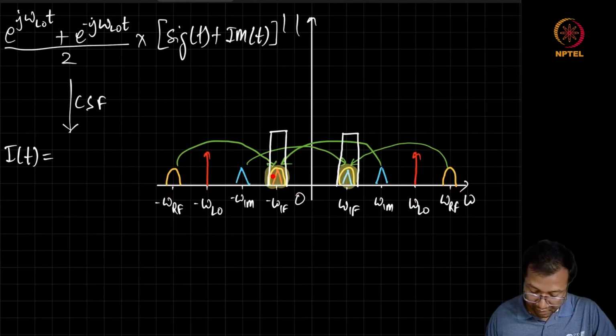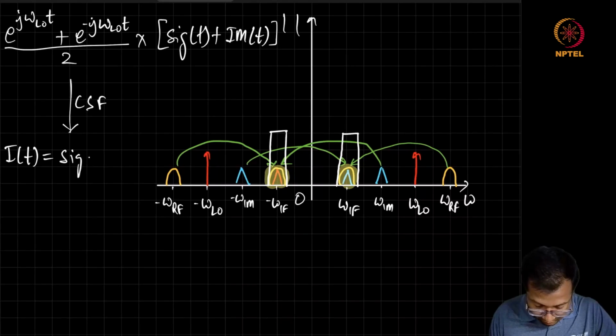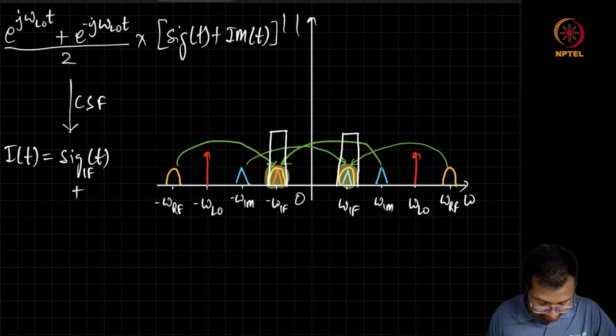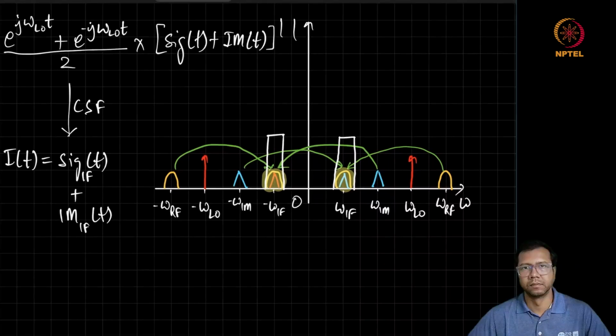The signal has the same component but at a lower frequency; let's call this signal IF(t). And if we look at the image side, the image has also moved to the lower frequency. This image component is now shifted to a higher frequency.